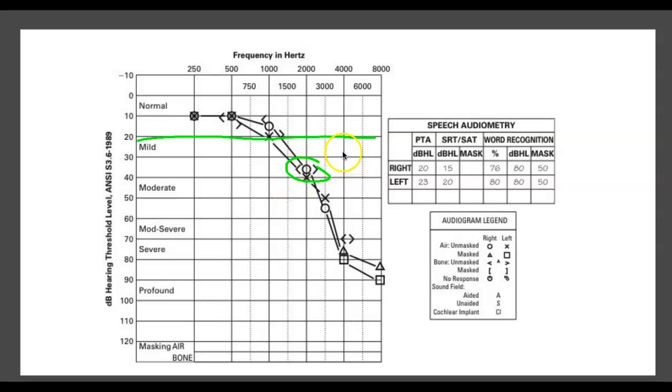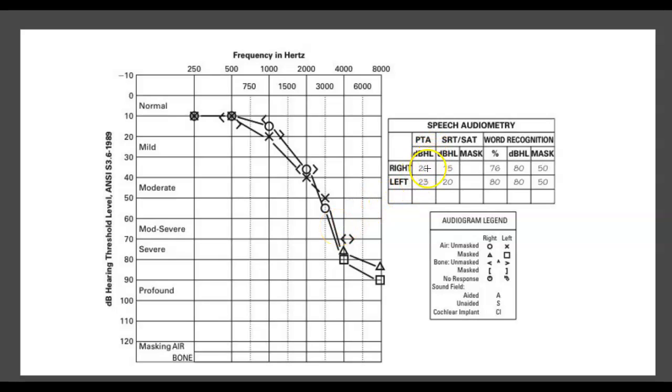To have an air bone gap, it would have to look something like this, at least 15 dB better, if you will. So again, no air bone gaps here, so we know it's not a conductive loss, or a mixed loss. So in this case, you have a mild sloping to severe or profound high frequency sensorineural hearing loss is how I would characterize this one.